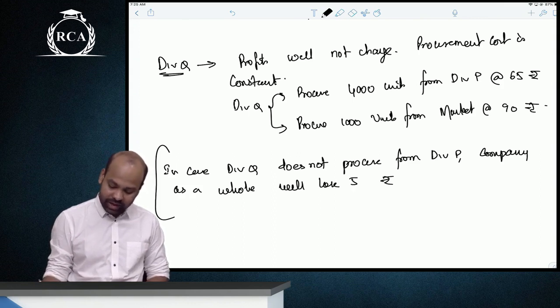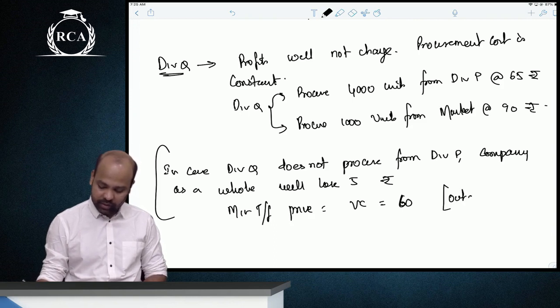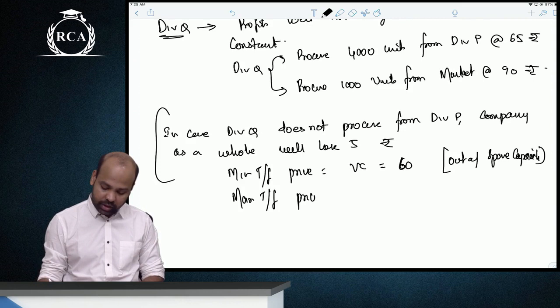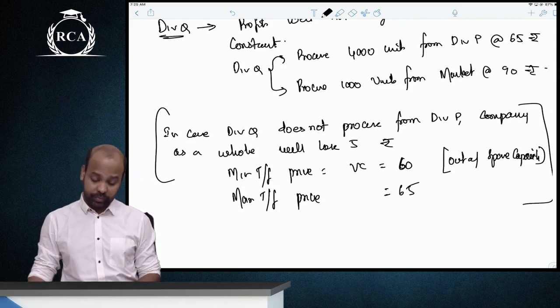This is just for our understanding. The minimum transfer price will be the variable cost, 60 rupees, because it is out of spare capacity. We are meeting the entire external demand, and only if there is spare capacity are we transferring to the other division. The maximum transfer price, based on external procurement cost, is 65 rupees. This is the answer.